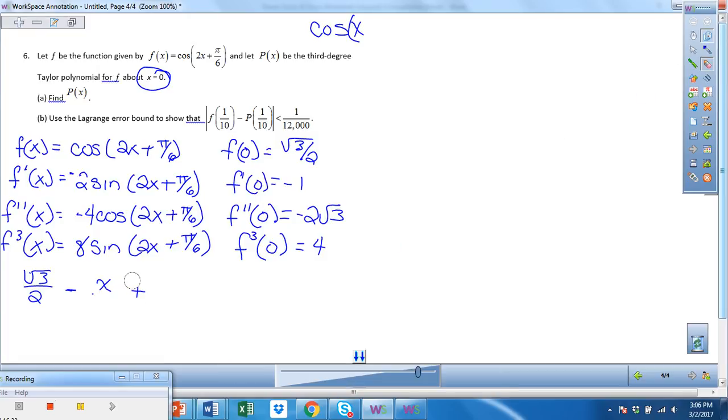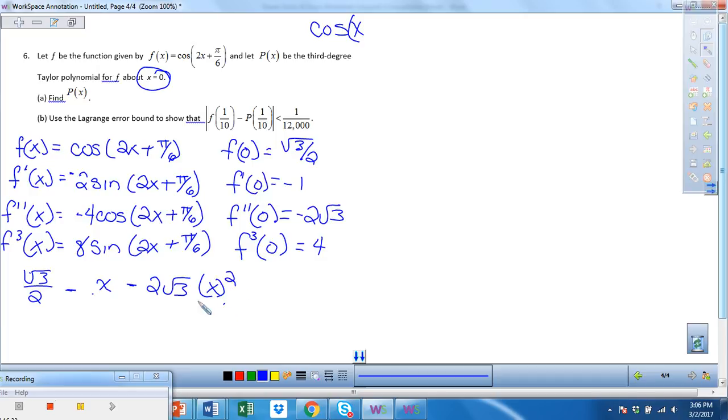This is no longer alternating. So this would be minus 2 radical 3 times x squared over 2 factorial plus 4 x cubed over 3 factorial.